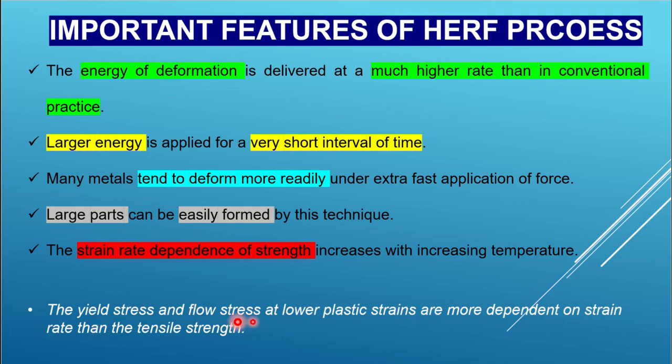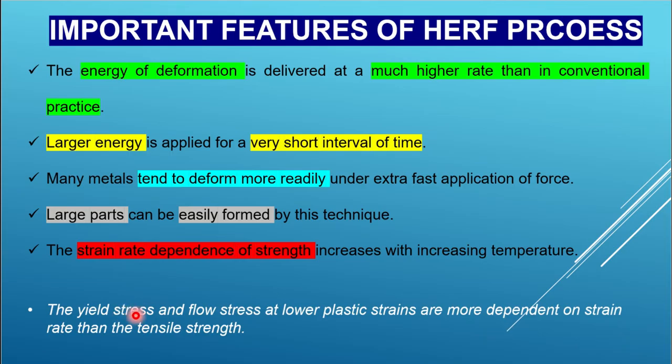See, yield stress and flow stress at lower plastic strains, that is, small amounts of strain, are more dependent on strain rate than tensile strength. So for small plastic strains, the strain rate given to the material is important.